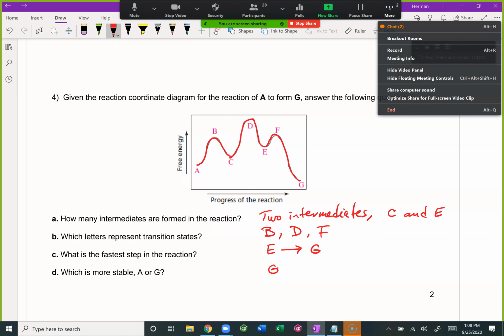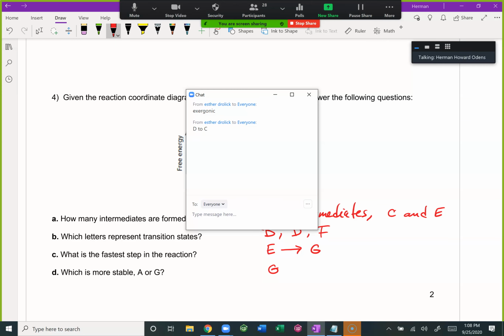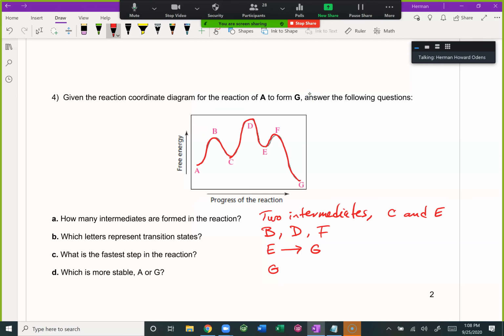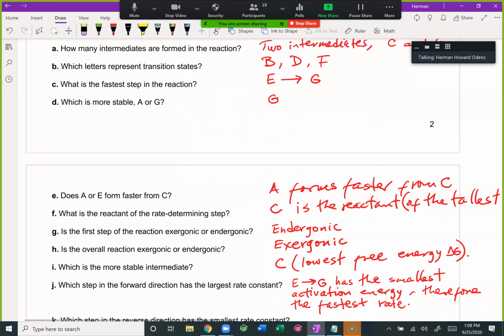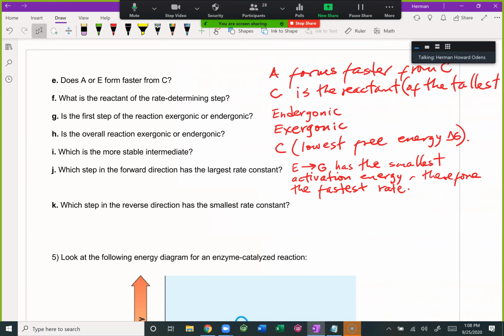Maybe we have a chat here. Someone is asking. Very good, Esther. Is that the answer for this question? All right. Who has the answer for K? Which step in the reverse direction has the smallest rate constant?